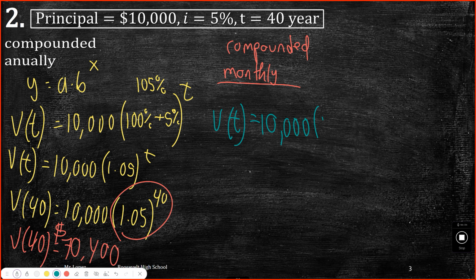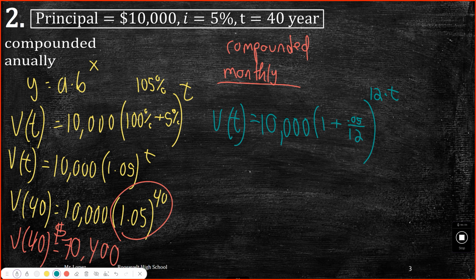So instead of just putting 100%, I'm going to just put 1, plus the 5% interest, which is 0.05, divided by how many months are there in a year? 12 months. So that 5% is going to be divided by how many months there are in a year. And then that number at the bottom goes at the top next to the t. There's the formula again. This is the formula for compounded monthly.